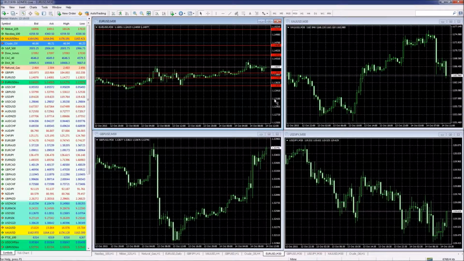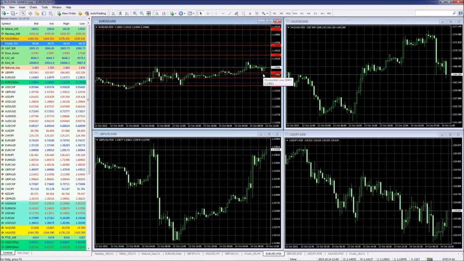Minutes before the release of this news, the piece of information that you're waiting for the whole day, you need to remove those support and those resistance levels that are closer than 50 pips or have been crossed by the price action.